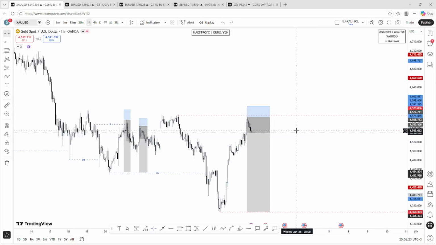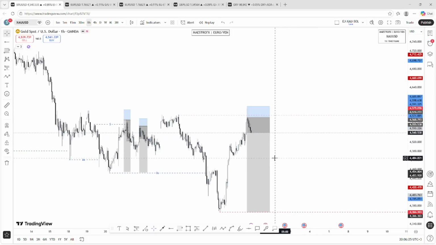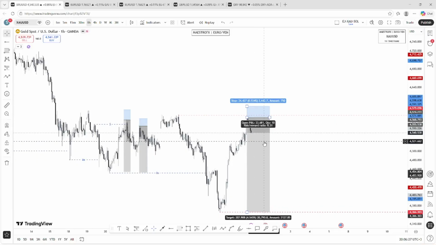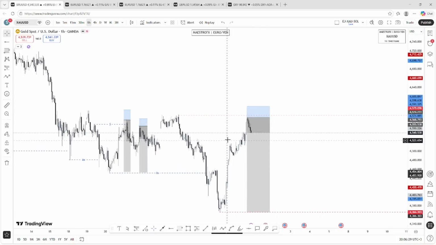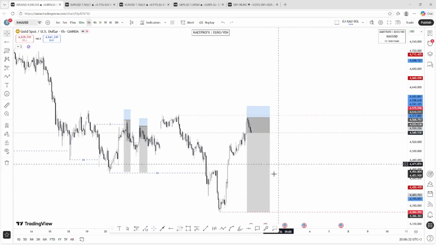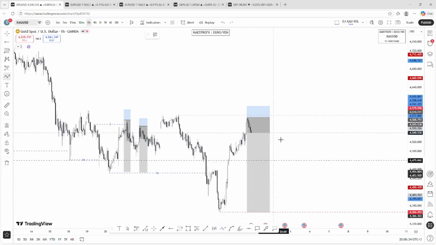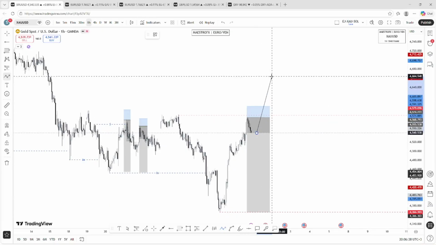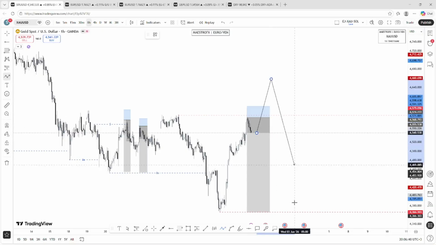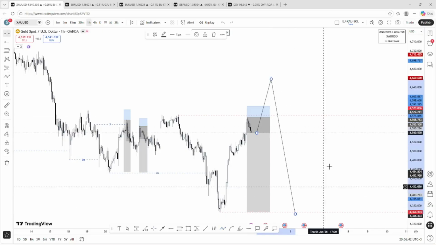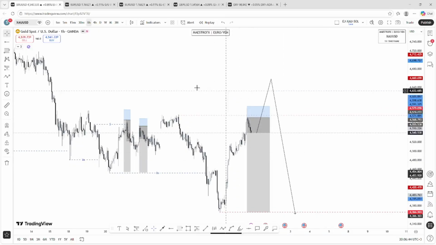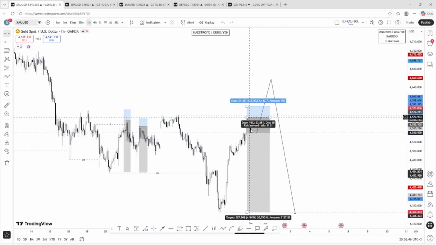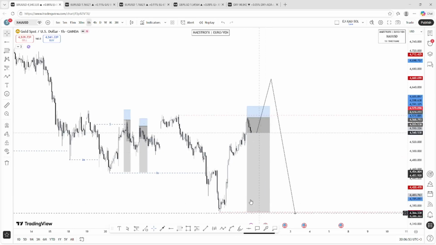But it is a valid setup, and probably I will look to scale into this position. But there's still that chance that this price can still correct to this area before it continues further. But the way that it has swept all these liquidities and it has failed to close above this area, there's a high chance that this will continue to sell.